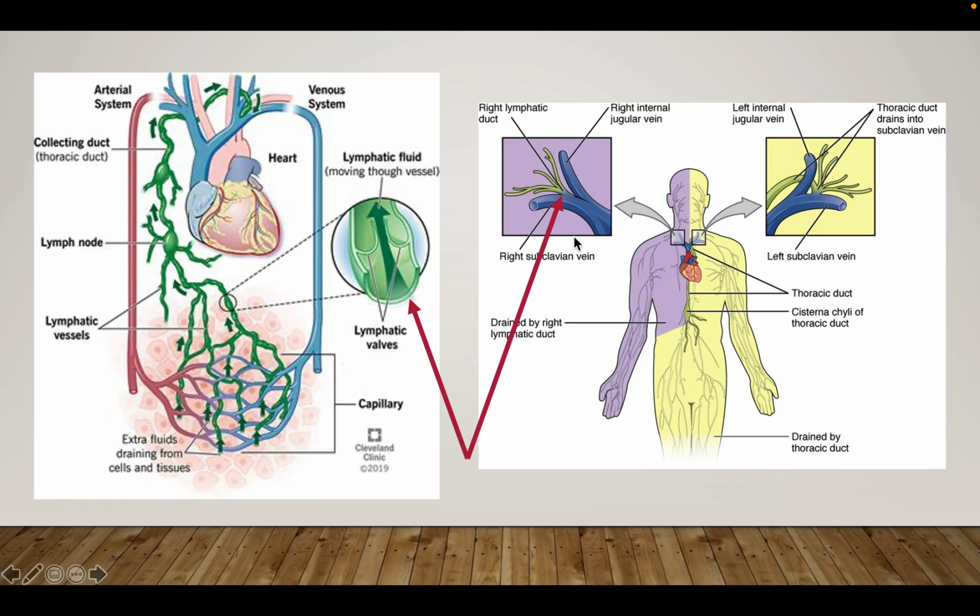So what you can see here, we'll learn about these blood vessels, but this is the junction of the internal jugular and the subclavian vein at the brachiocephalic vein, and those ducts drain into it here on the right side, as well as here on the left side as well. So we'll get back to these ducts and the manner in which they drain lymph from the body.